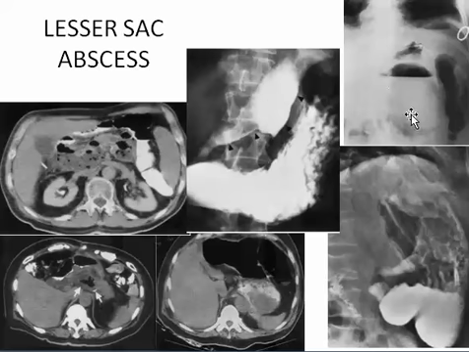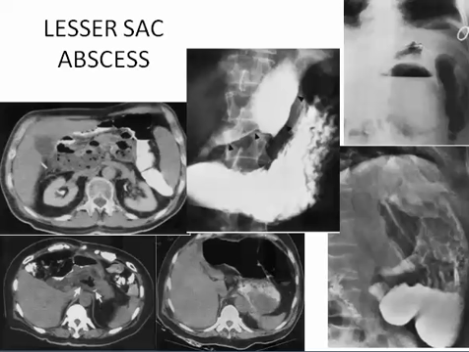Here in a plain erect film there is a fluid level in the collection, and behind the stomach there is air and an air-fluid level. Of course, this is after injection. These are the appearances of a retrogastric air formation, different shapes and different appearances of lesser sac abscess.